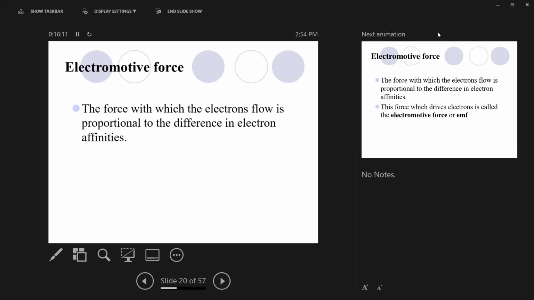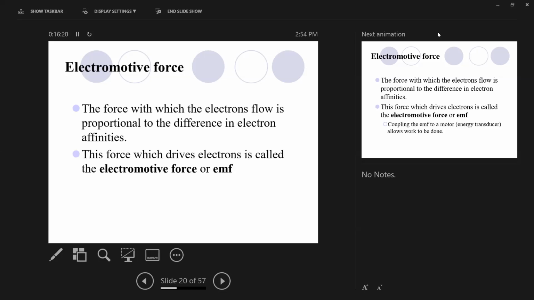We're going to measure those electron affinities relative to the hydrogen cell. That's how we're going to get these numbers. And that force, pushing or pulling the electrons, is called electromotive force, or EMF. I realize EMF sounds very military, but that's what it's called.